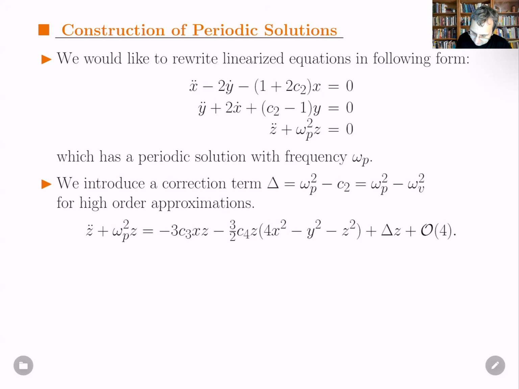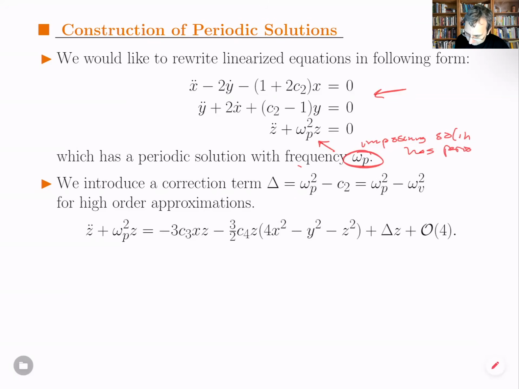We're saying that the Z dynamics will have a frequency of omega p, which was the frequency of the planar dynamics. So we're imposing that the solution has periodicity with a frequency of omega p.